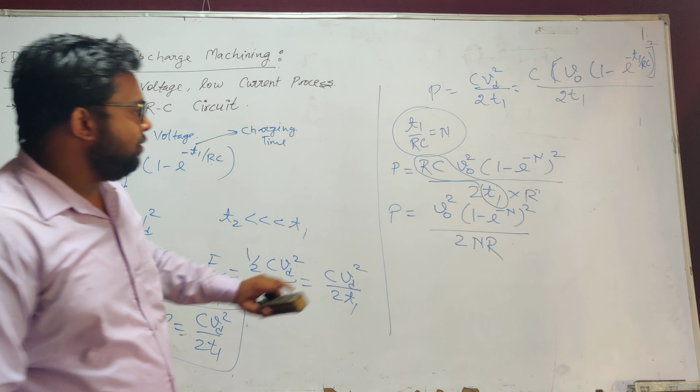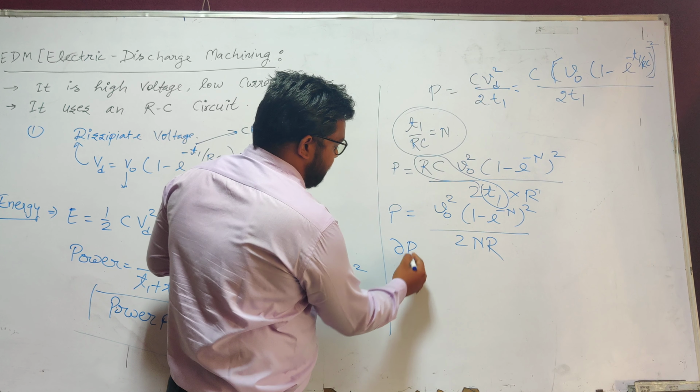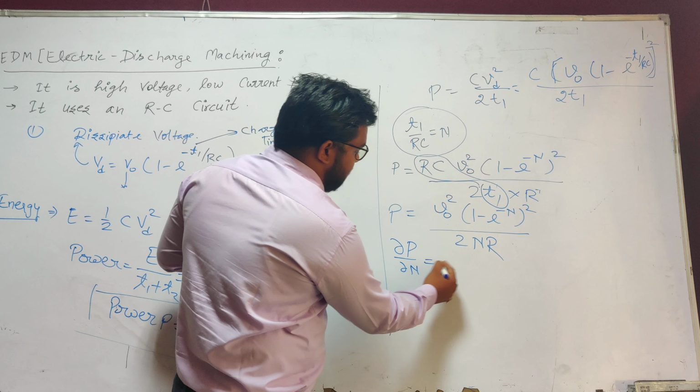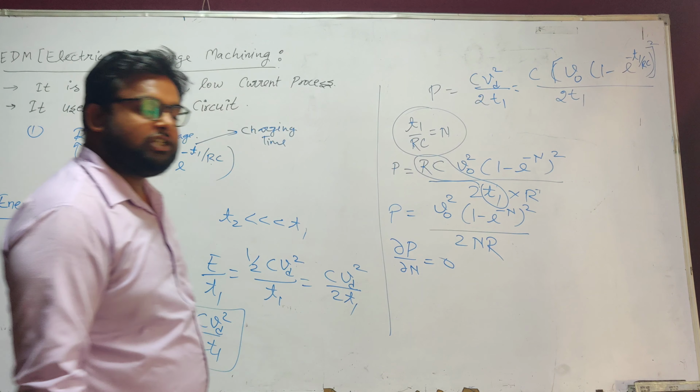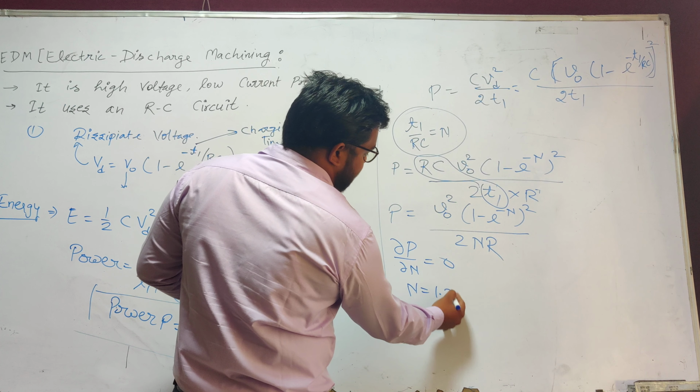For the maximum value, we differentiate with respect to n and put it equal to 0. After calculation, we get n equal to 1.26.